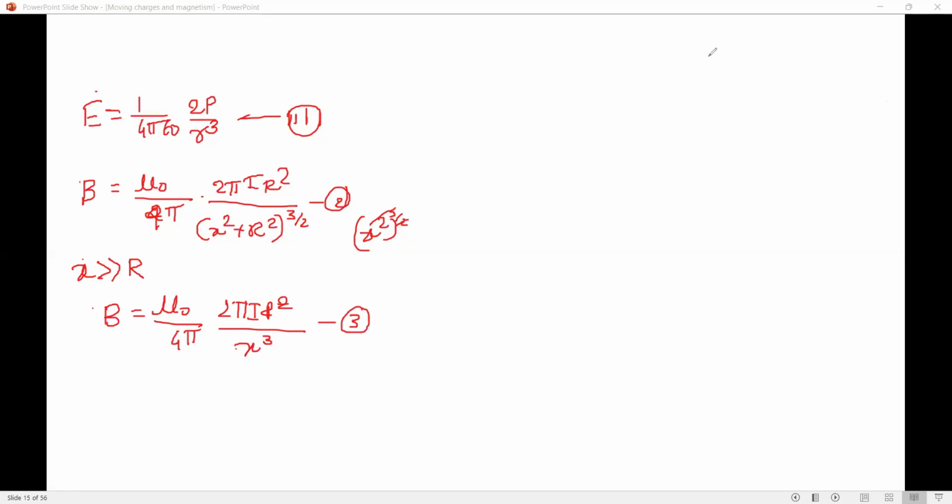So I'll complete it. If you have any doubt, you can ask. Now in equation 3, B is equal to mu naught upon 4 pi. We have the term pi r square. You can see here pi is there and r square is there.